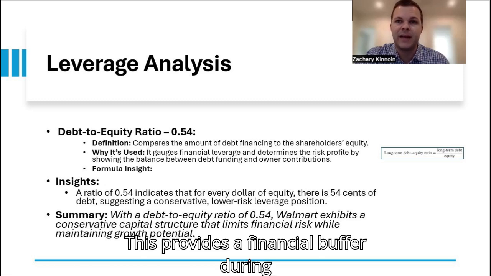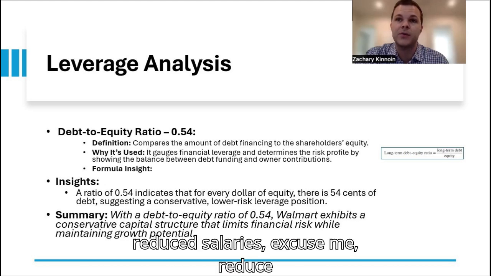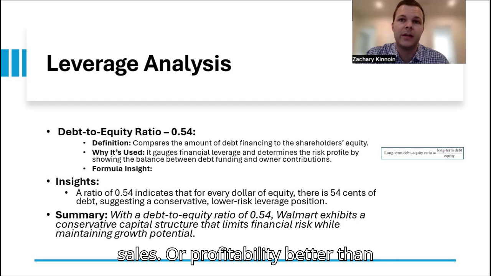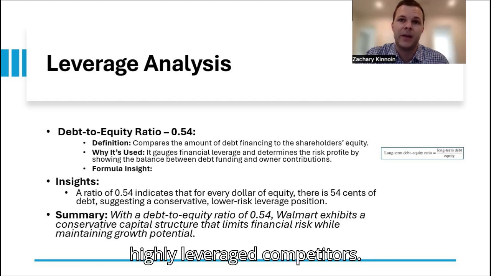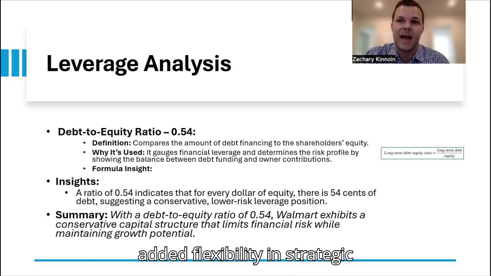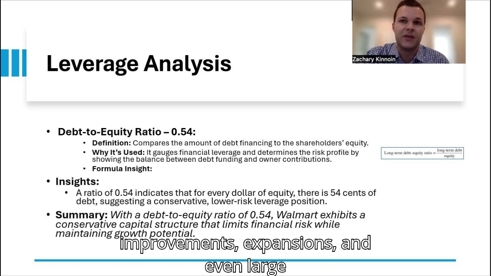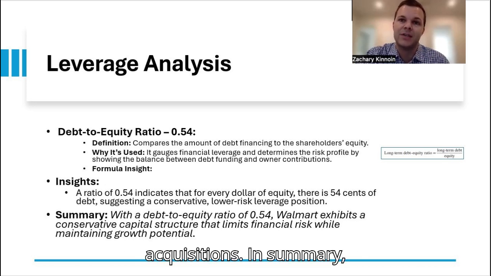This provides a financial buffer during lean times and allows Walmart to absorb reduced sales or profitability better than highly leveraged competitors. Walmart's low debt burden also gives them added flexibility in strategic investments such as technology, store improvements, expansions, and even large acquisitions.